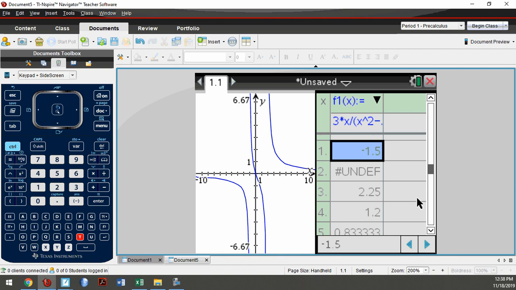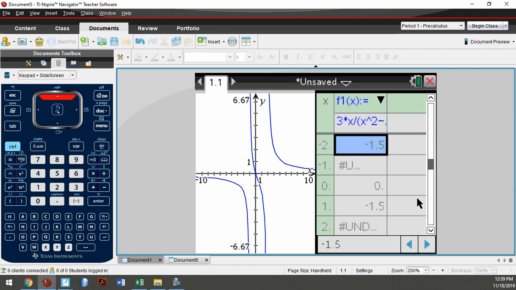I want all the values that are going to be to the left of my vertical asymptotes. So what's my smallest vertical asymptote? Look at your paper, guys. You wrote it. What are your vertical asymptotes? 2 and -1. So your smaller asymptote is going to be -1.